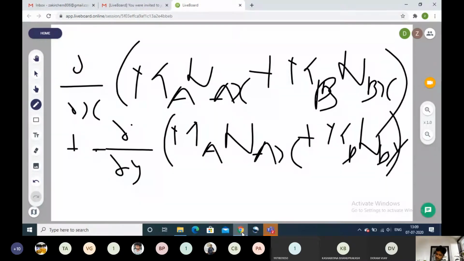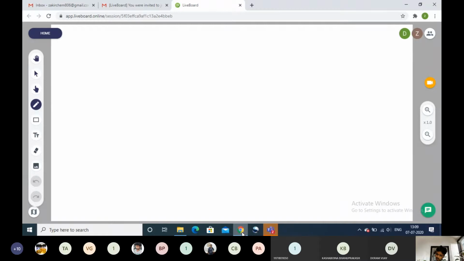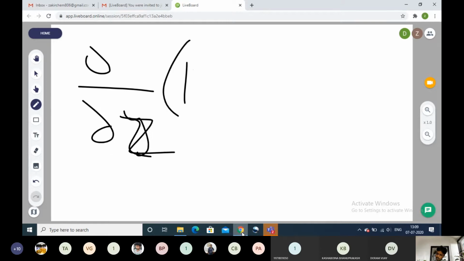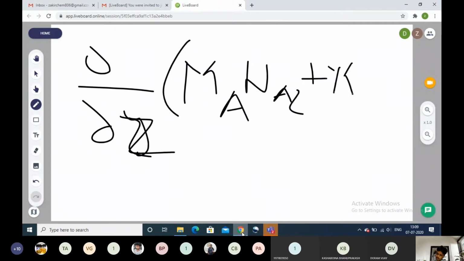This is the second term which is left. The third term I'm writing in the next slide. So the third term left over is dou by dou z of MA NAZ plus MB NBZ.